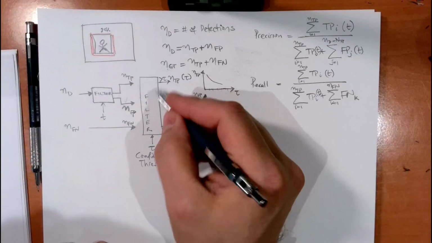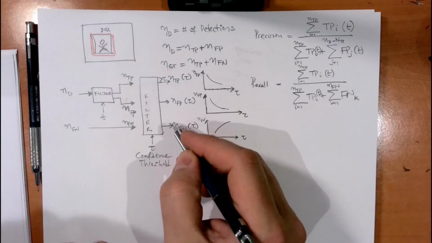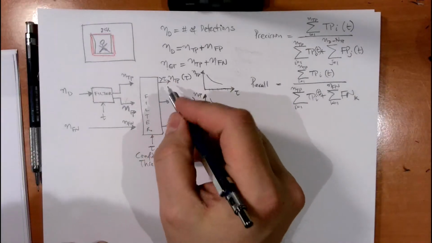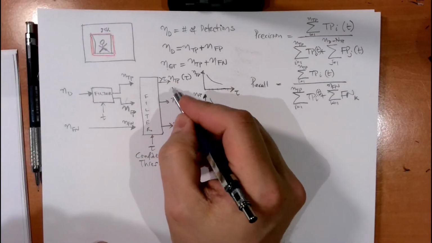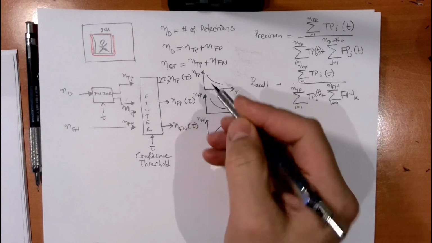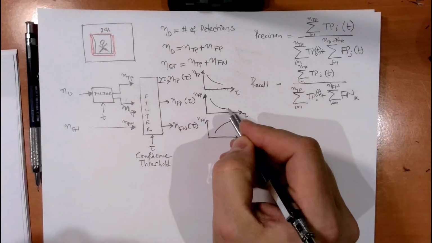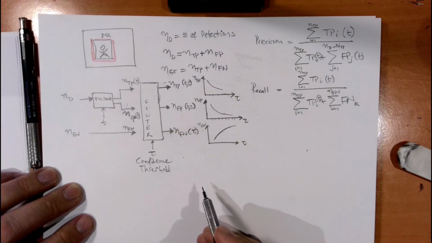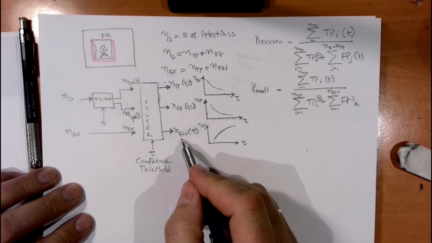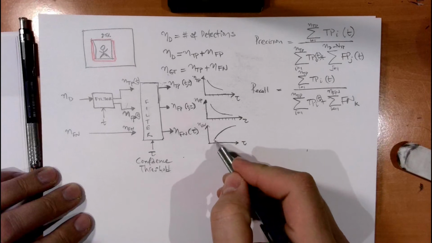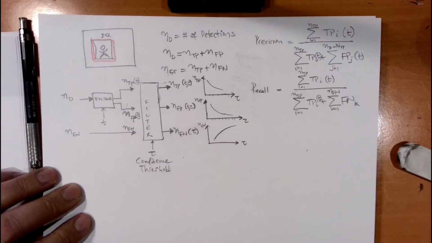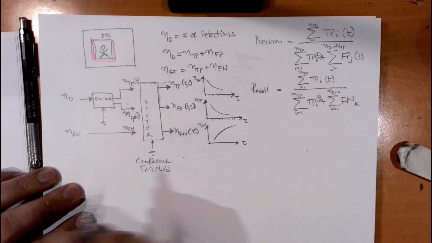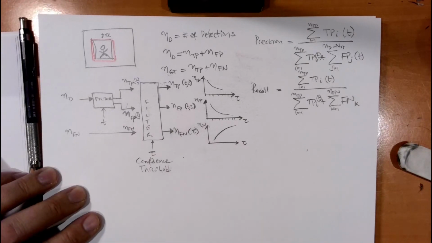Although we would expect the positives, either true positives or false positives, to reduce with a higher confidence threshold, we expect the negatives, in this case the false negatives, to have exactly the opposite behavior and increase with an increasing threshold.